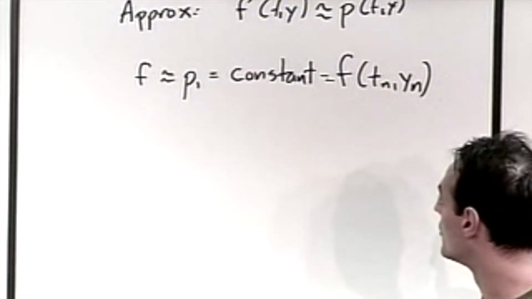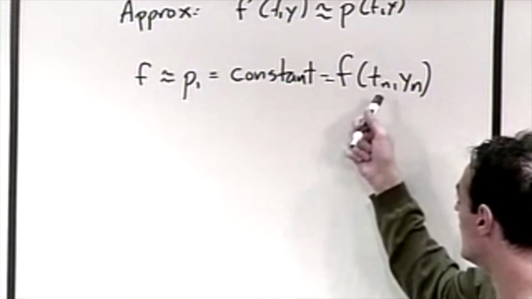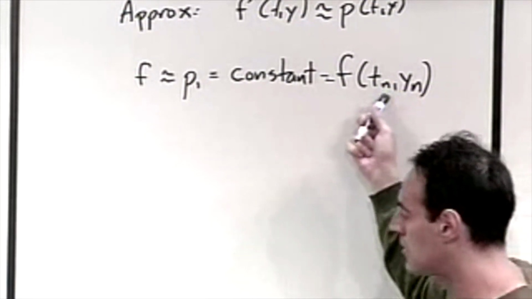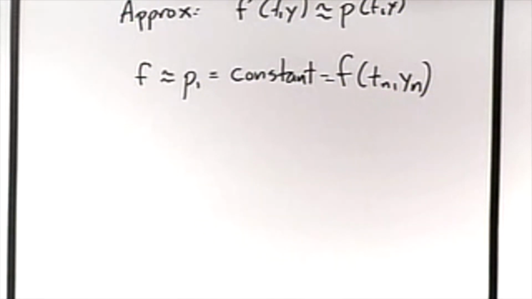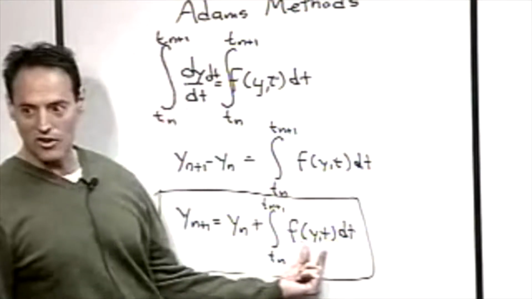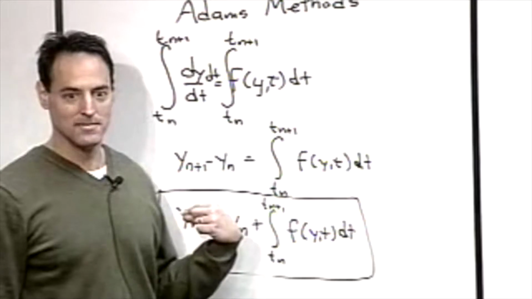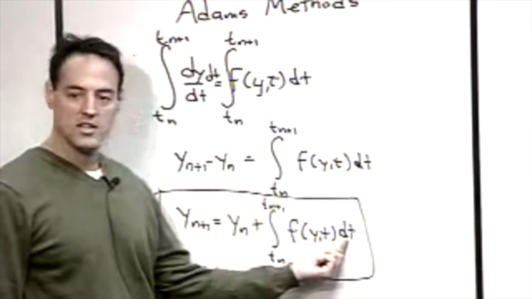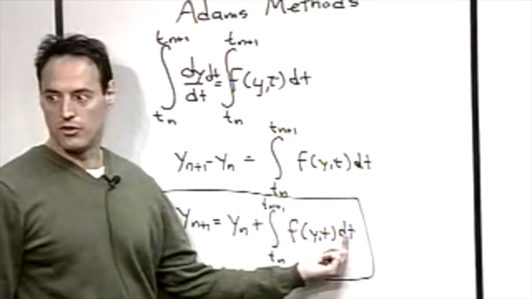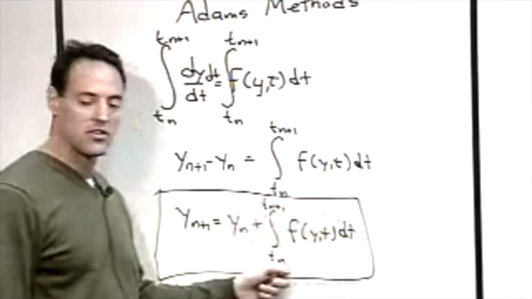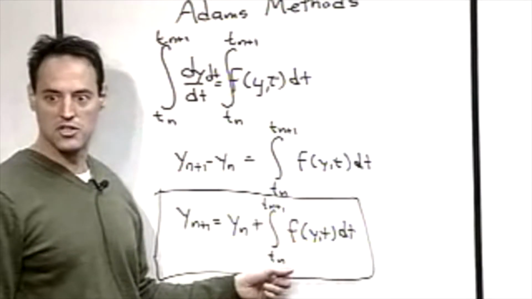Now notice what happens when we do that. This is constant. I already know this. So if I put a constant into an integral, it comes out. Right? And what's left there is just 1 times dt. Well, if you integrate dt, you get t. You evaluate it at the 2 endpoints. This becomes delta t.